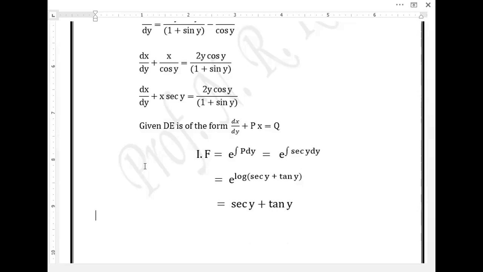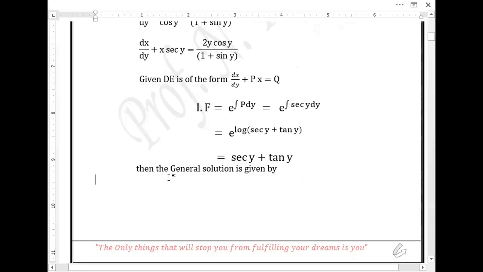Lastly, we have to find the solution. The solution is found by multiplying the dependent variable x by the integrating factor, which is equal to the integration of the right hand side times the integrating factor with respect to y, plus c, the constant of integration.